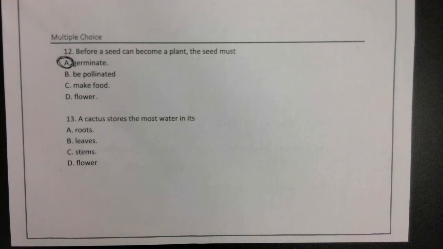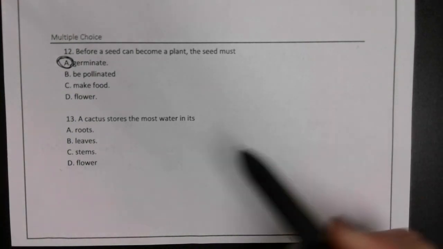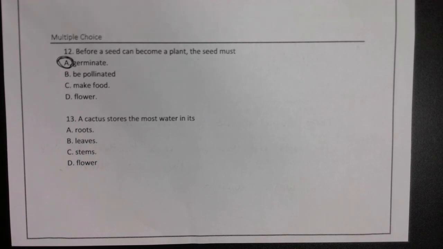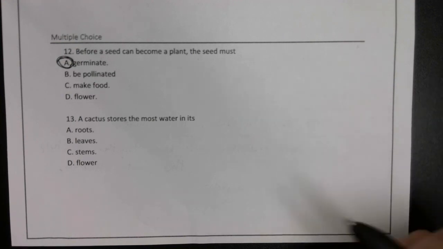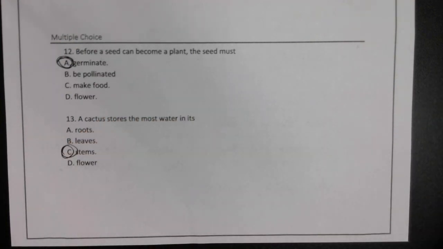To do that, it needs the right amount of air, water, sunlight. And number 13, a cactus stores most of its water where? Well, it stores most of its water in its stem. Right? In its stem is where a cactus stores most of that water.